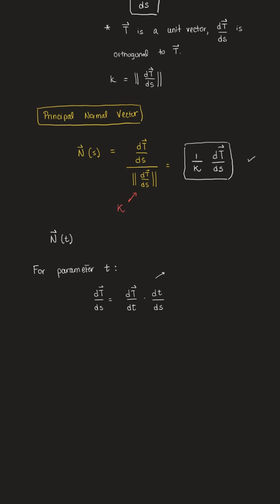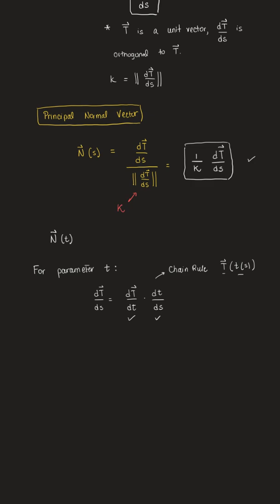This is applying the chain rule, right? Where now I'm thinking that T is a vector defined in terms of little t, which is defined in terms of the arc length. And so when we apply the chain rule, we take the derivative of the outside, that's dT/dt, with respect to the inside, times the derivative of the inside, which is dt/ds.